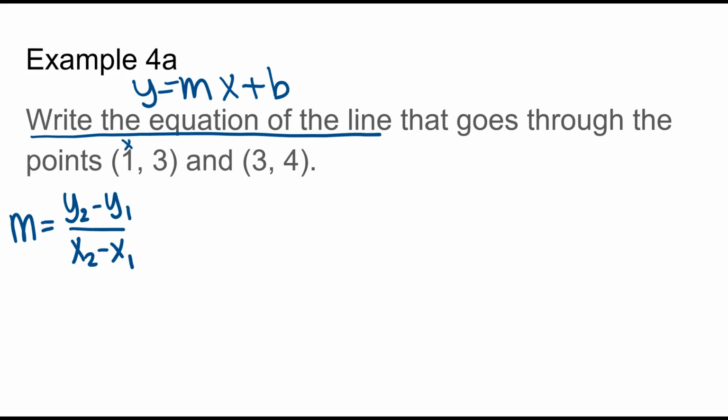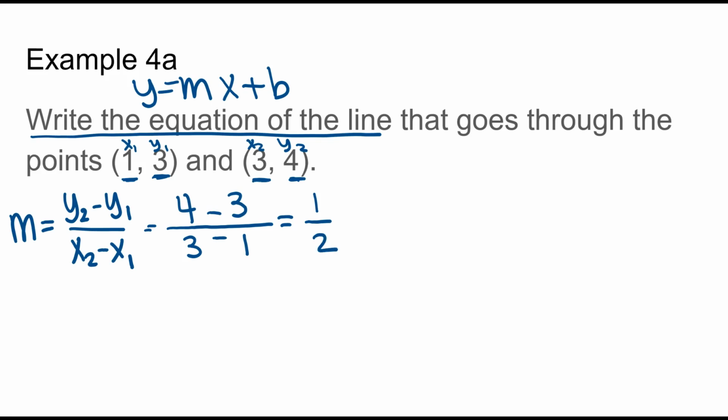So let's label this x and y, x and y. This is my first ordered pair. This is my second ordered pair. Always do a fraction bar, subtraction symbol. y2 is 4, y1 is 3, x2 is 3, x1 is 1. 4 minus 3 is 1. 3 minus 1 is 2. I have the slope is 1/2.